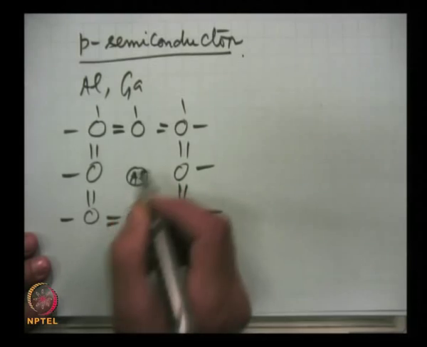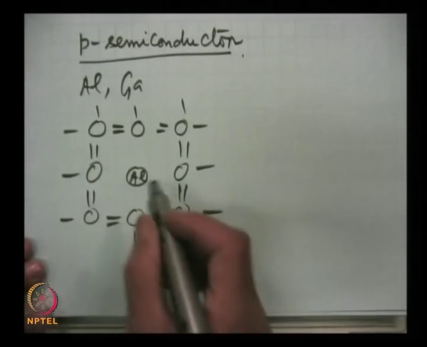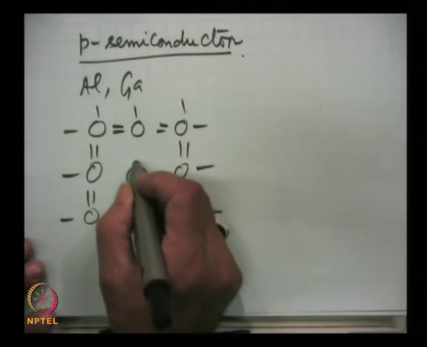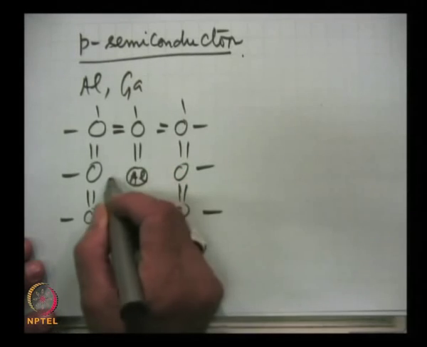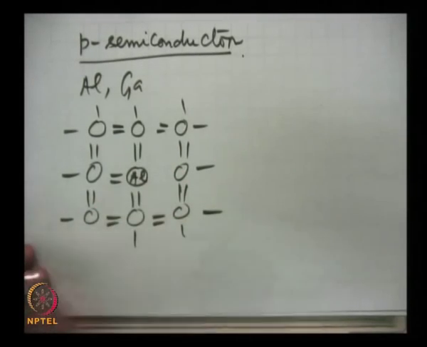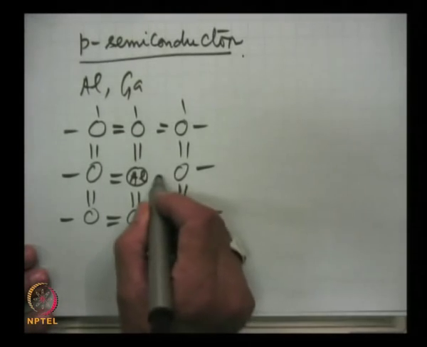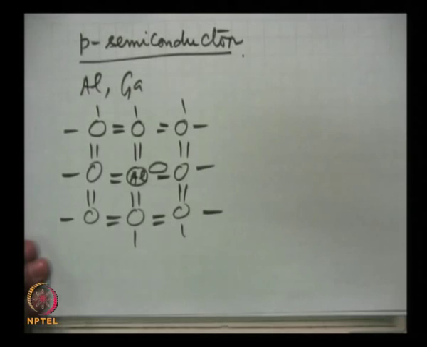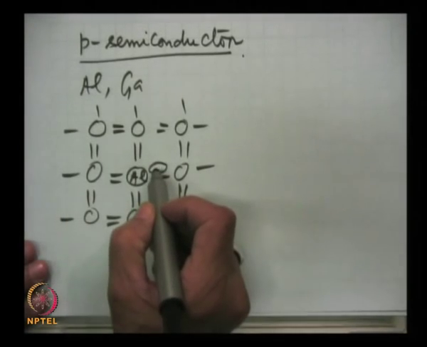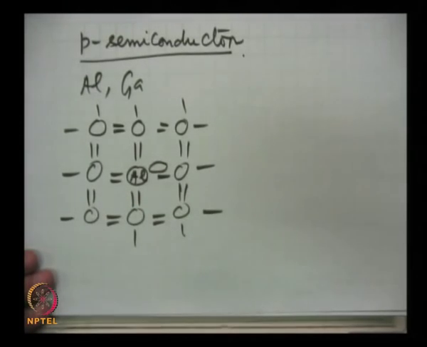Here, this is aluminium, and the 3 electrons will form covalent bonds with the neighboring silicon atoms, and this position is vacant. This is the energy state which is vacant, there is no charge carrier here.